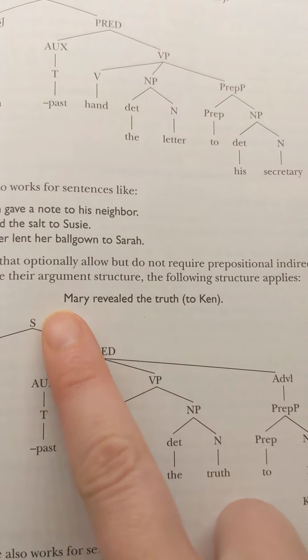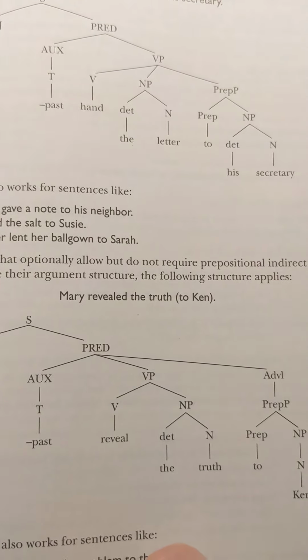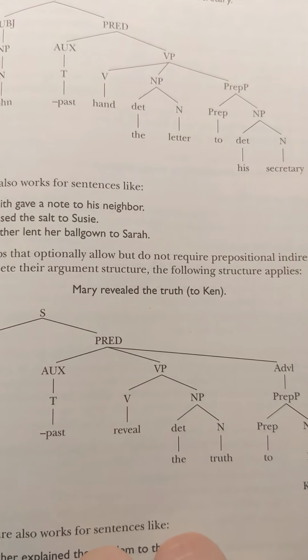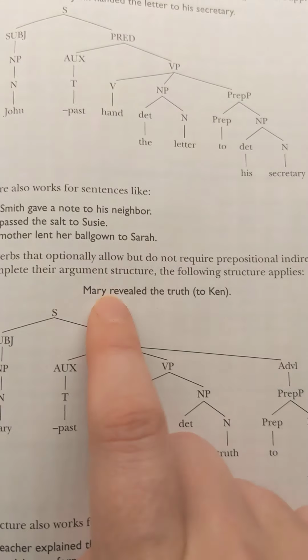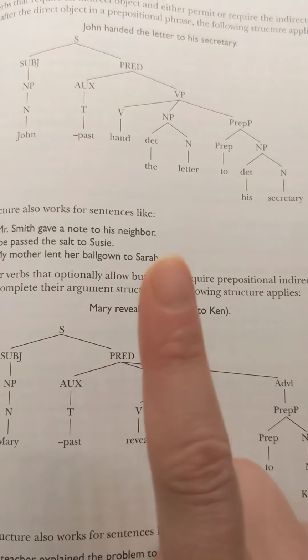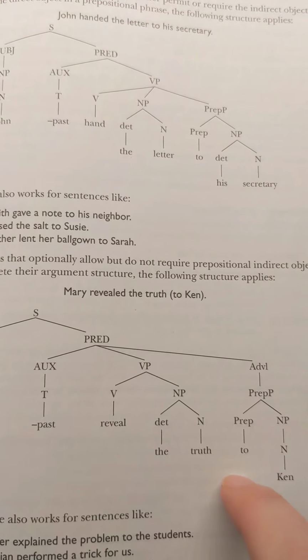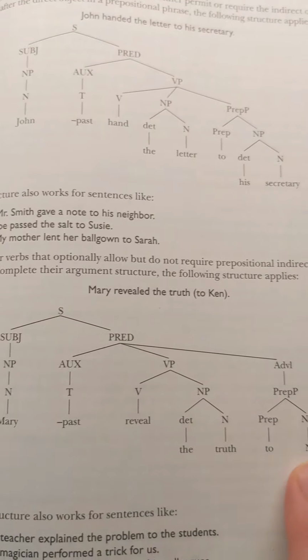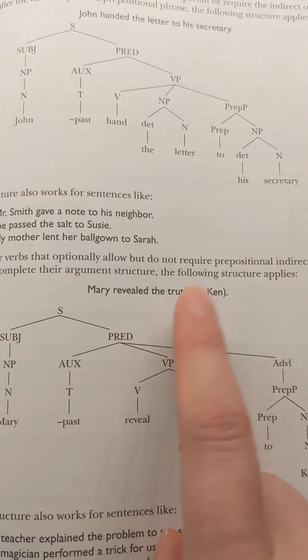She said test it by saying Mary revealed Ken the truth. Does it make sense to say it that way? And I'm like, no, it doesn't sound right. Then we know that reveal is not a ditransitive verb. It doesn't have to be. It is not innately a ditransitive verb. It is being used as a ditransitive verb in this sentence, but we can just say Mary revealed the truth, and that's fine.